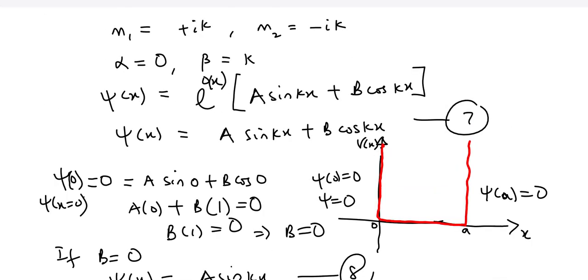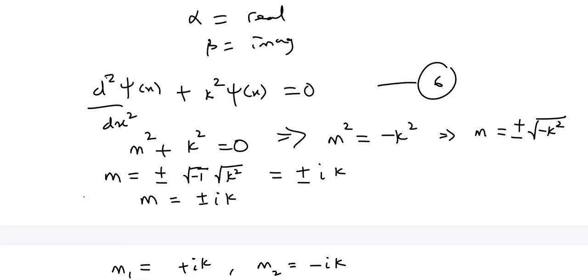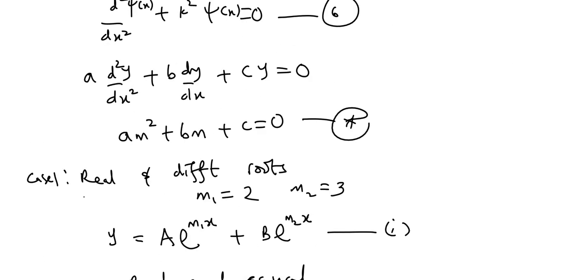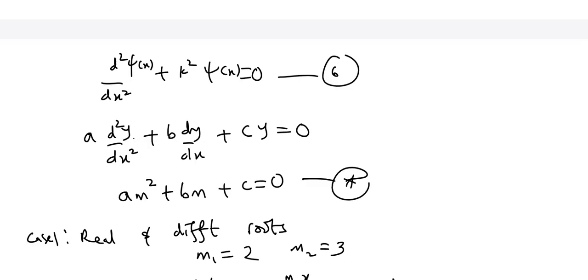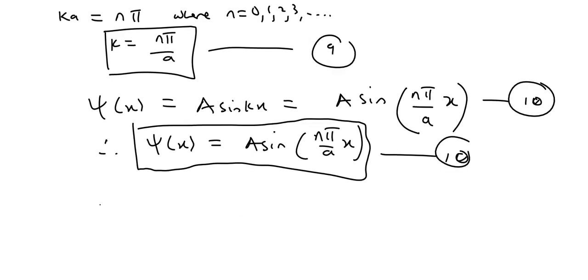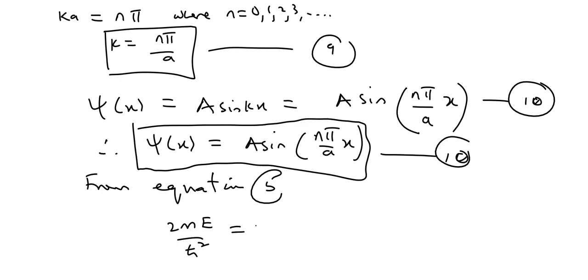How do you obtain the energy eigenvalue? If you recall, there is an equation that I asked you to keep. From equation 5, we had 2mE over h bar squared equals k squared. And here we are getting k to be n pi over a, so k squared will be n squared pi squared over a squared.